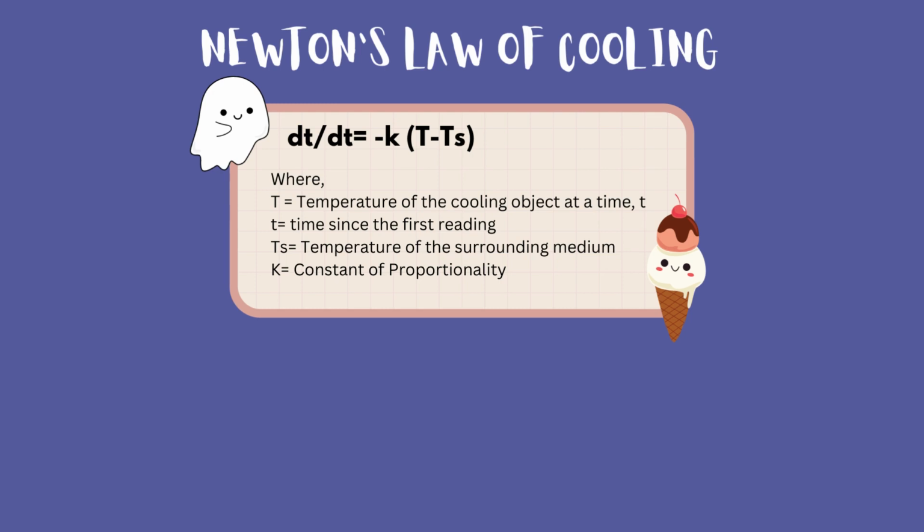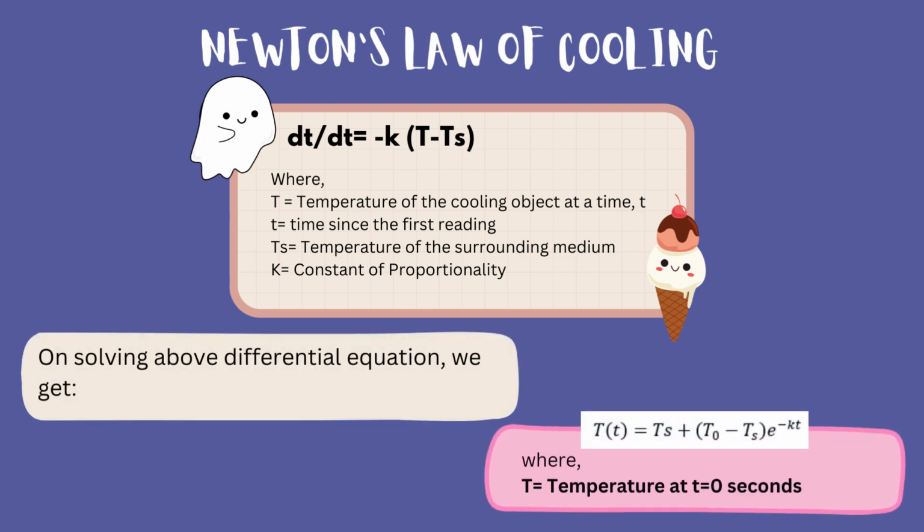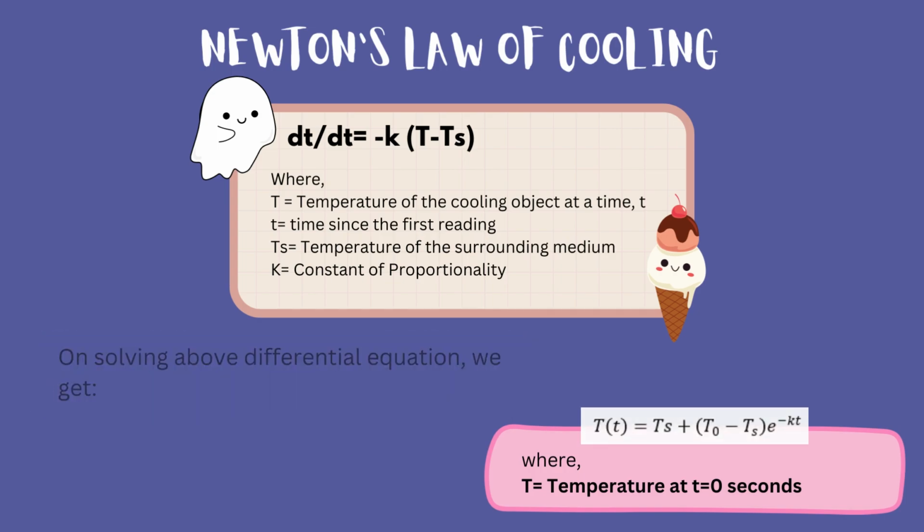So you have the temperature of the body that is changing with respect to time. That means we can use differential equations to describe this law. On solving this differential equation, we will get a relation between the temperature of the object, temperature of the surrounding, and time. So friends, you can find the temperature of the object at any given point of time.